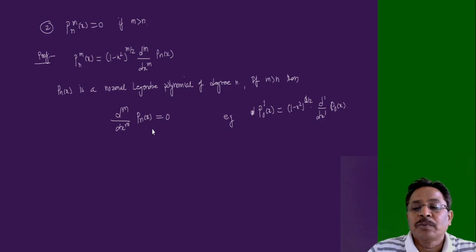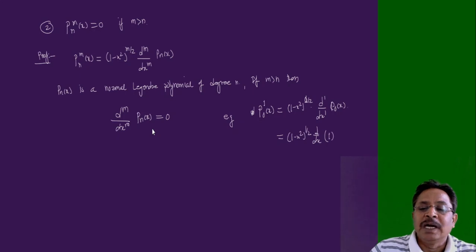Now what is P_0(x)? P_0(x) is simply equal to 1, it's a constant, a number, and the differential of any number is simply equal to 0. So P_0^1(x) is equal to 0.